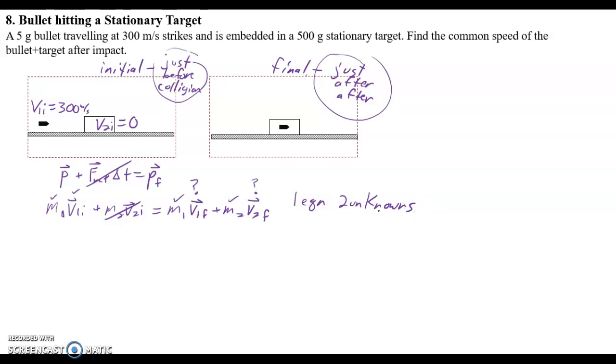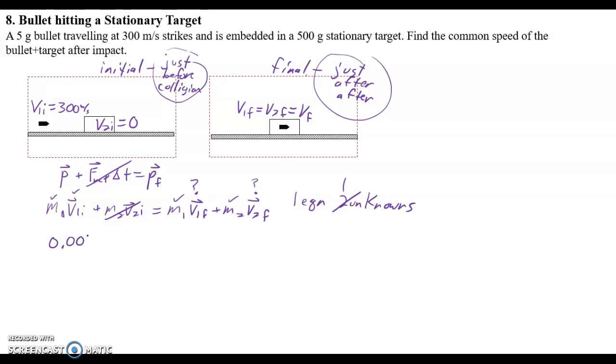But wait a minute, there's not actually two unknowns, only one unknown, because these two things are connected, they're moving together, and so we can say that v1f equals v2f, and we could just call it vf.